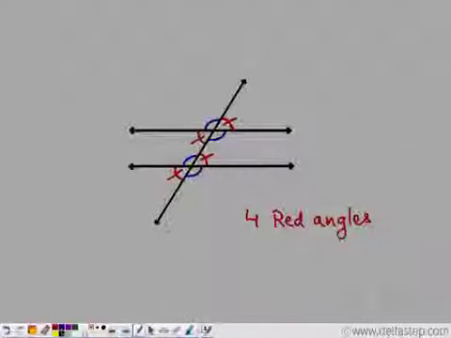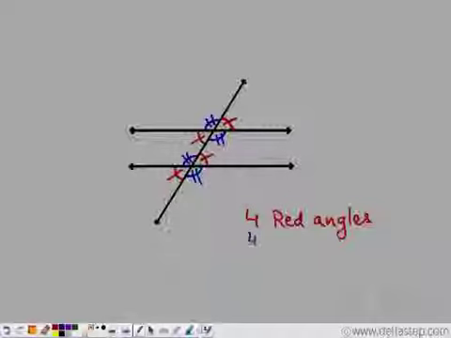Now, if we consider these blue angles, this and this are corresponding angles, so they are equal. This and this are alternate interior angles, hence equal. This and this are alternate exterior angles, so they are equal.